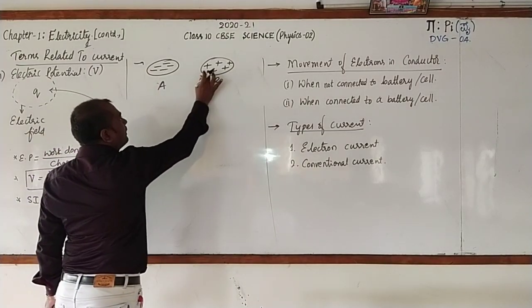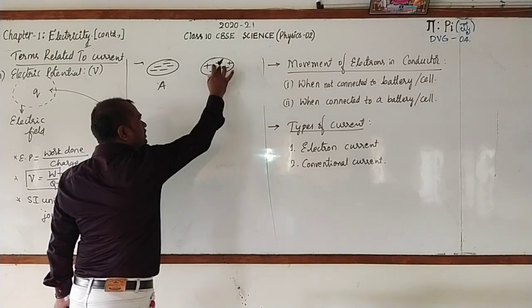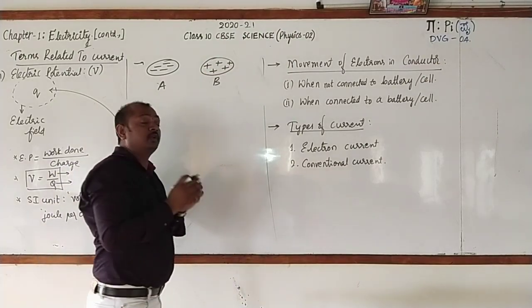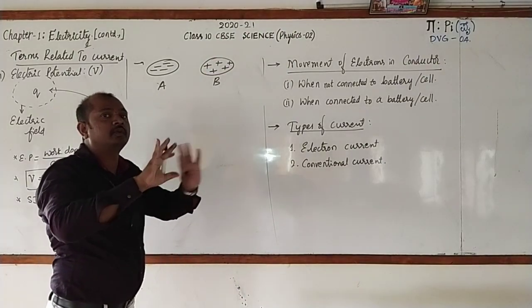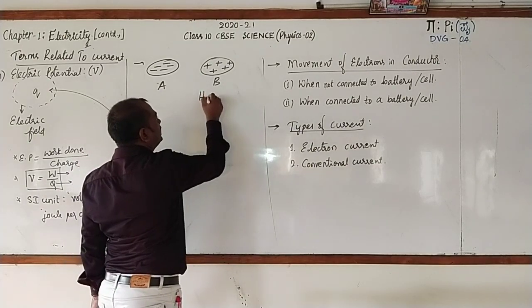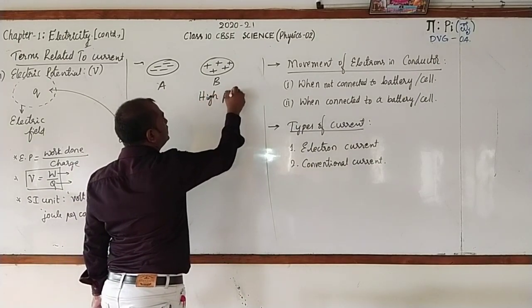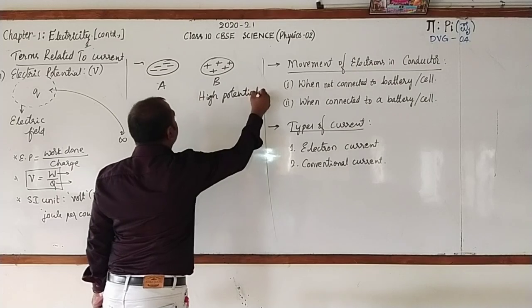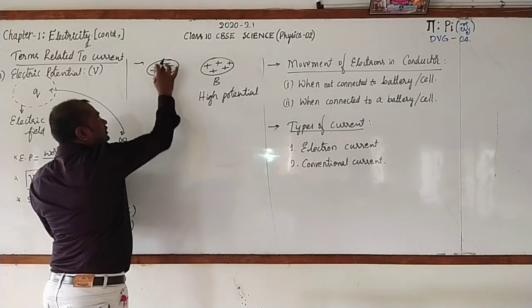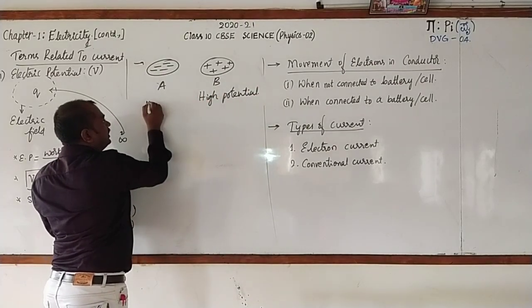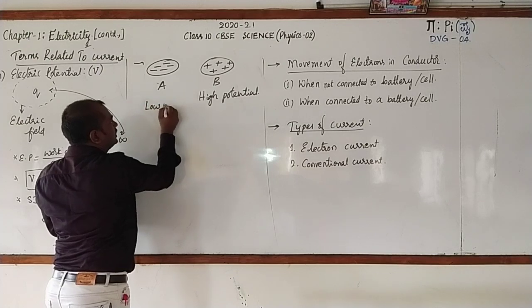Here the positive charges are strong, and a large amount of energy is required to remove them. We can say that they are at high potential, and this body is at low potential.